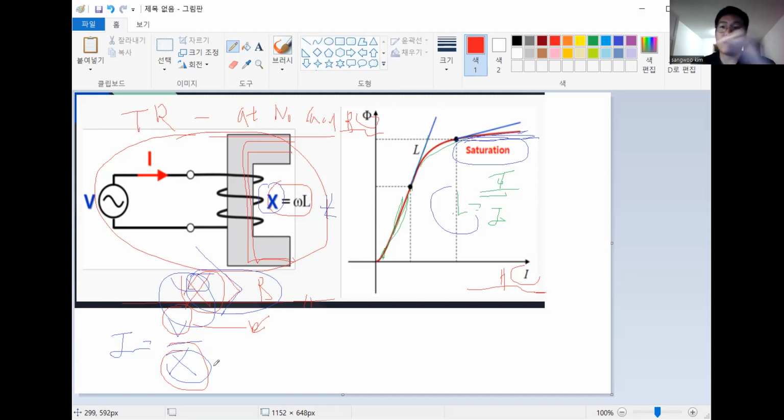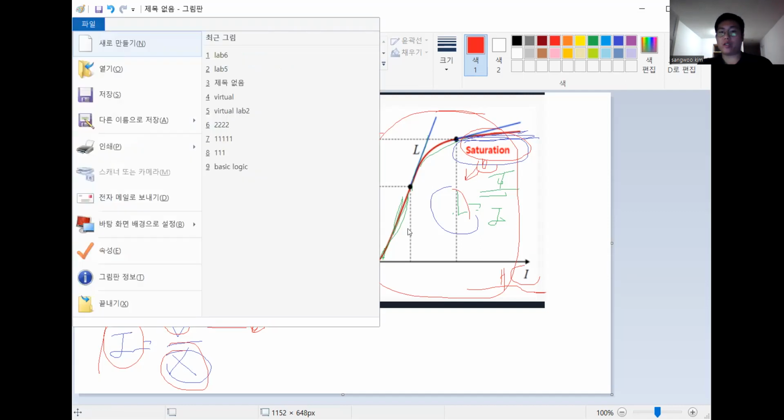How does X get sharply reduced to almost zero? That's why we need to know about saturation. At the saturation part, XL is almost zero, so the current's magnitude is really big.